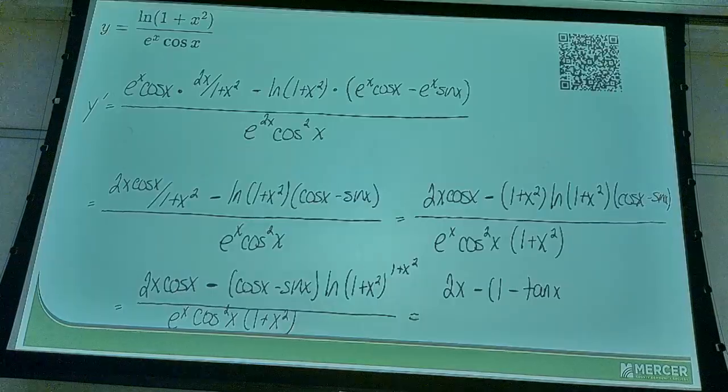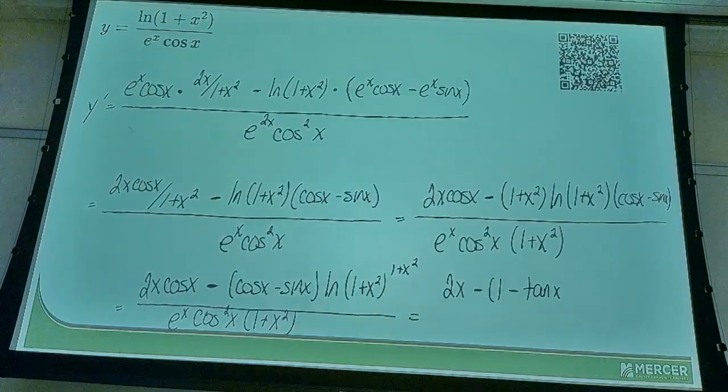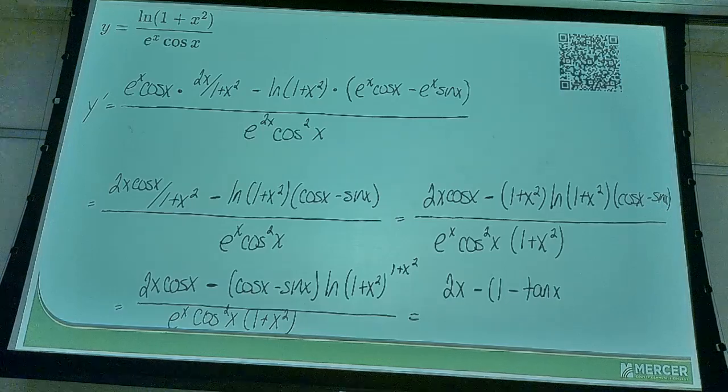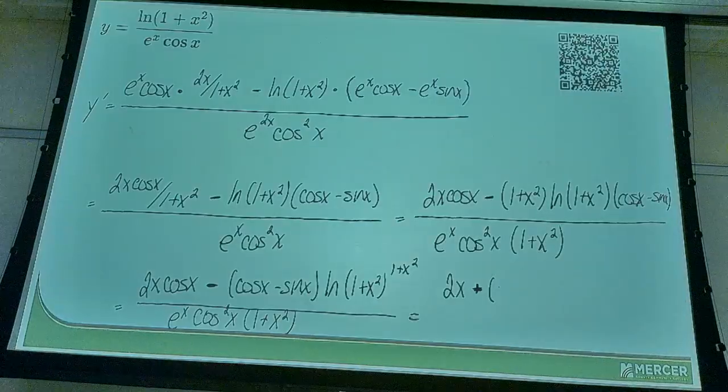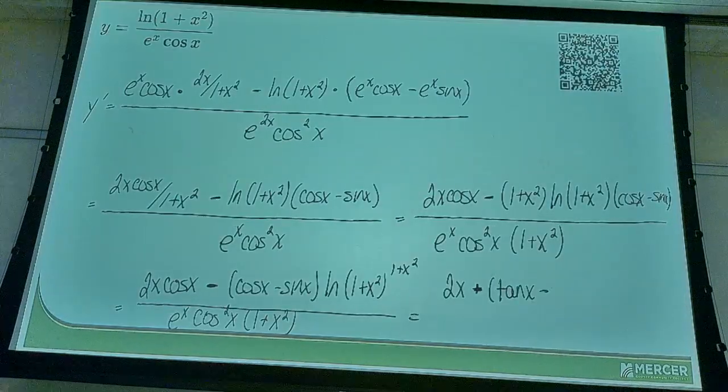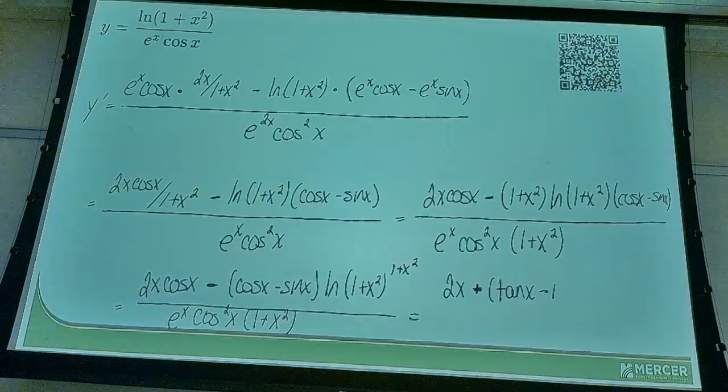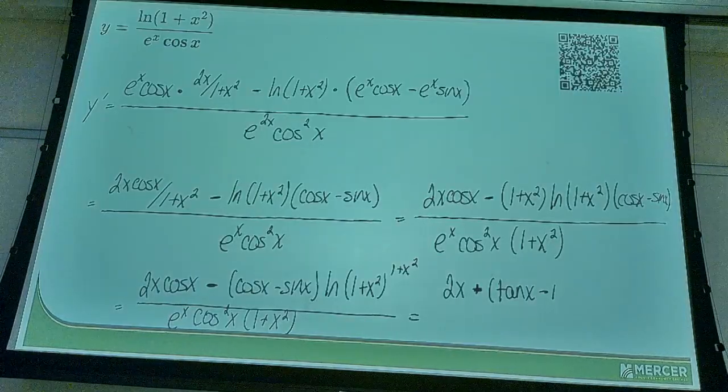Well, you know what? I'm going to do something else too. I'll say I factored out a negative cosine x, so I can switch the order and make it a plus instead of a minus.